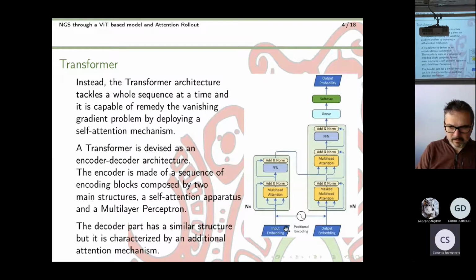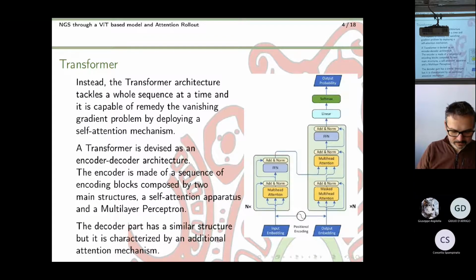This is how a transformer is structured. First of all, we have to use an input embedding, which means that the sequence of inputs fed into our model is parsed into tokens by means of a byte pair encoding tokenizer, which is a form of data compressor.